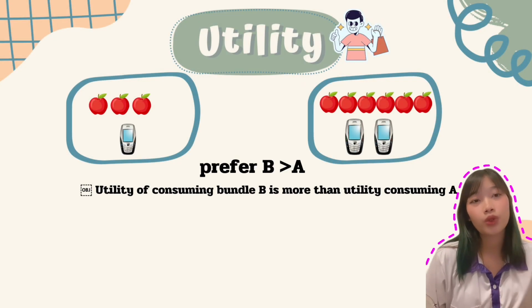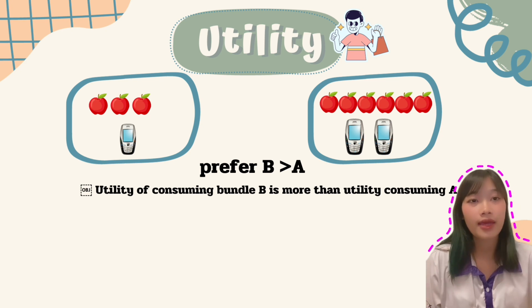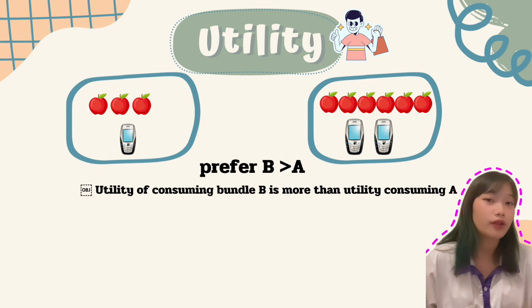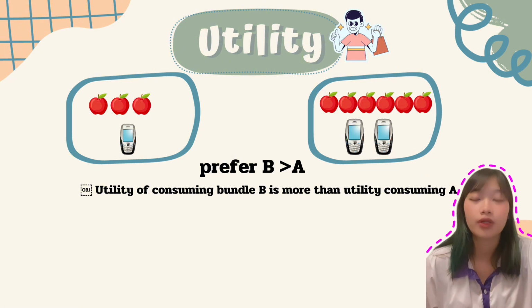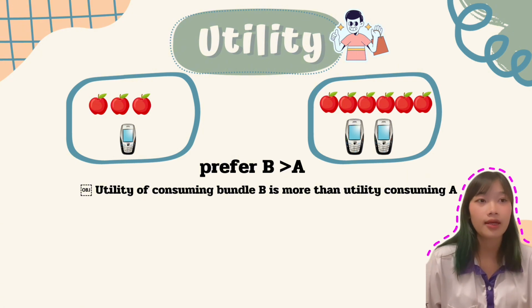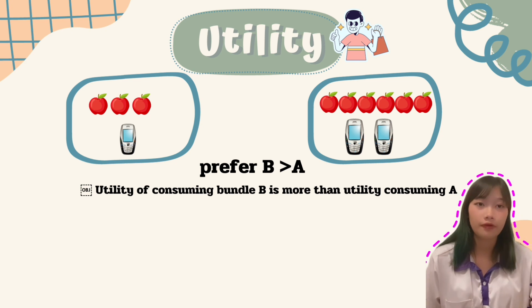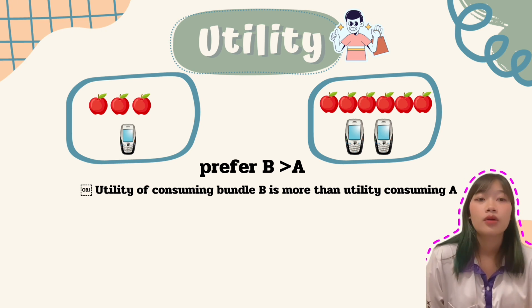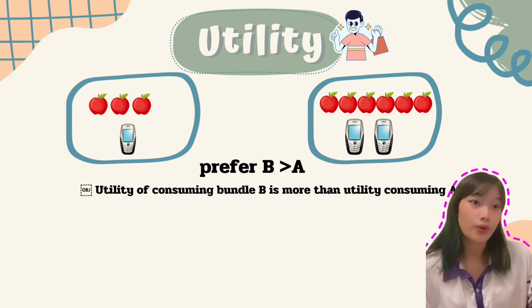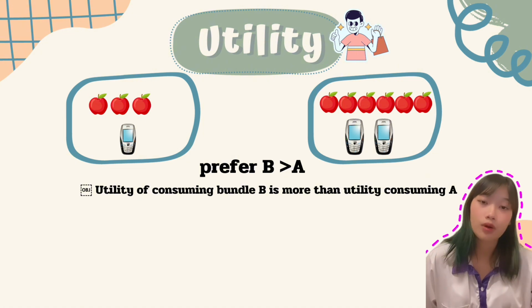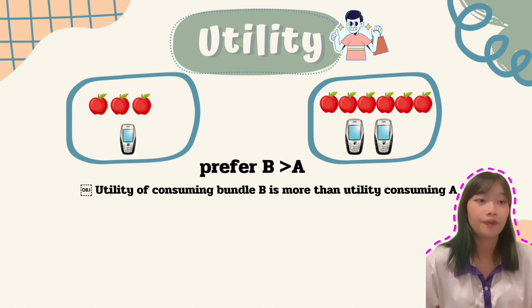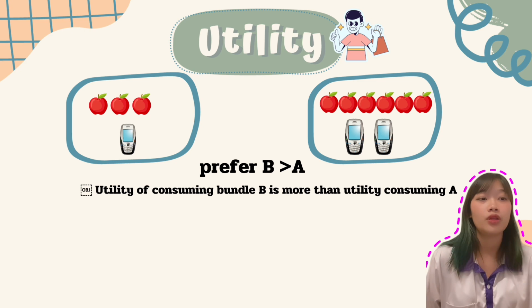In the example, in bundle A we have 3 apples and 1 phone, and in bundle B we have 6 apples and 2 phones. So bundle B will bring more satisfaction, or we can say she prefers B to A. In another way, utility of consuming B is more than utility of consuming A. Just notice we don't have numbers but we can rank which one is better.